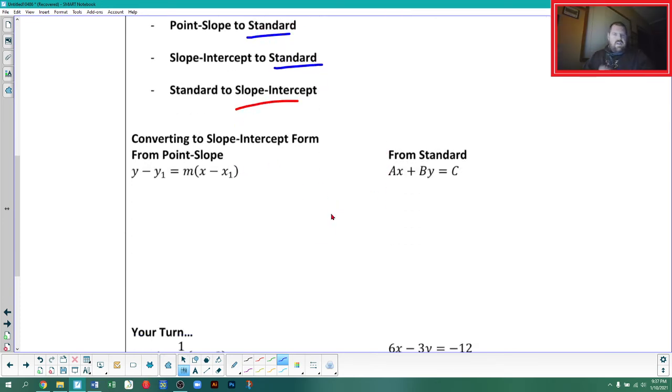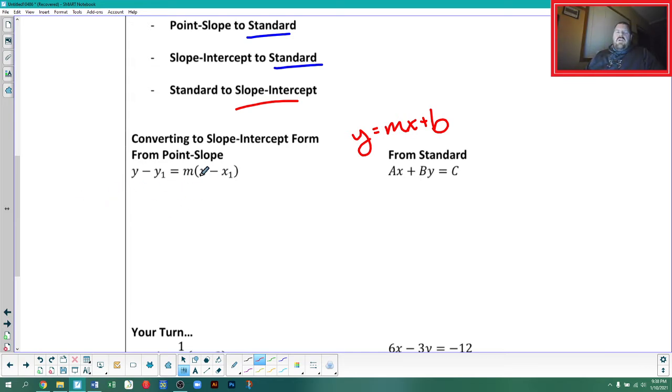So converting to slope intercept form. So we're trying to get this into y equals, actually since I kind of did it in red up there, let's do it in red here. So we're trying to get this to be y equals mx plus b.